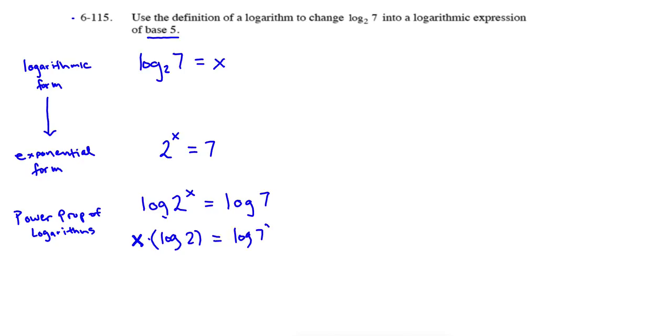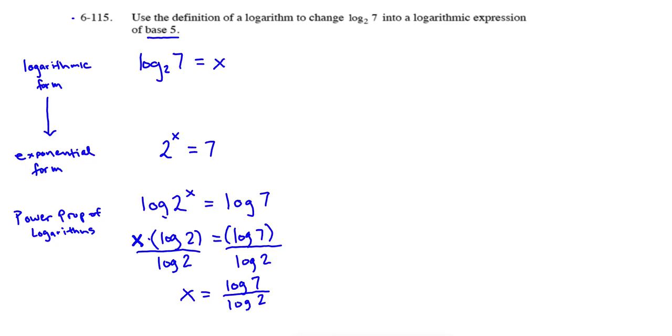Then you've got to isolate it. So in order to isolate our x, we're going to divide each side by that log of 2. And we have x is going to equal the log of 7 divided by the log of 2.